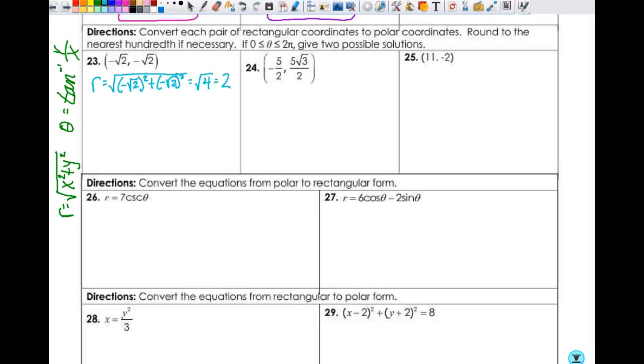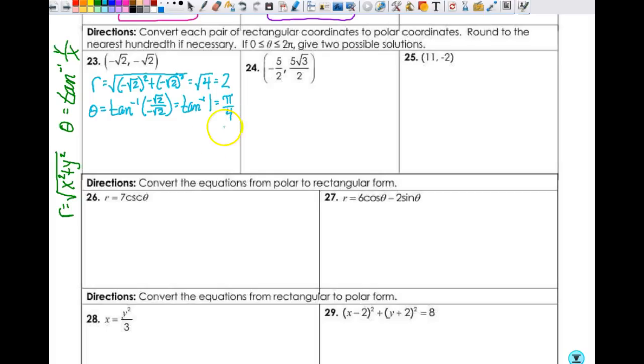Then I've got theta is equal to the tangent inverse of negative square root of 2 over negative square root of 2, which is just going to be the tangent inverse of 1. The tangent inverse of 1 is pi fourths.